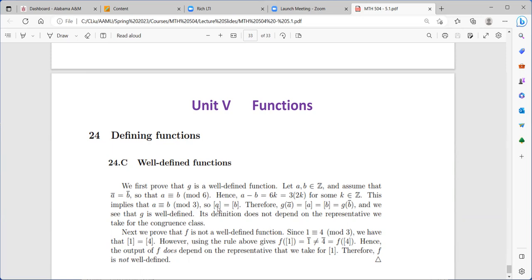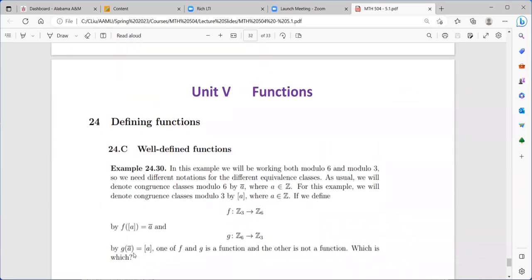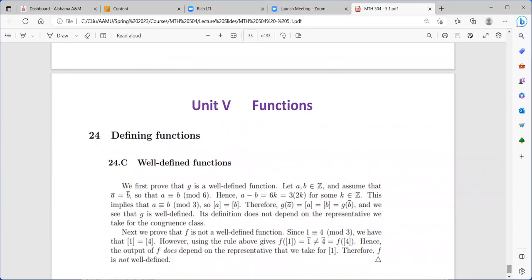So we started from A bar equal to B bar, and we ended up with bracket A equals bracket B. We defined G of A bar equals bracket A, and G of B bar equals bracket B. Remember, that's how G is defined from one type of class to another.